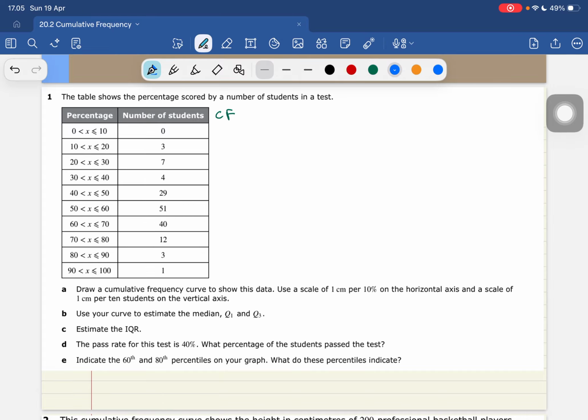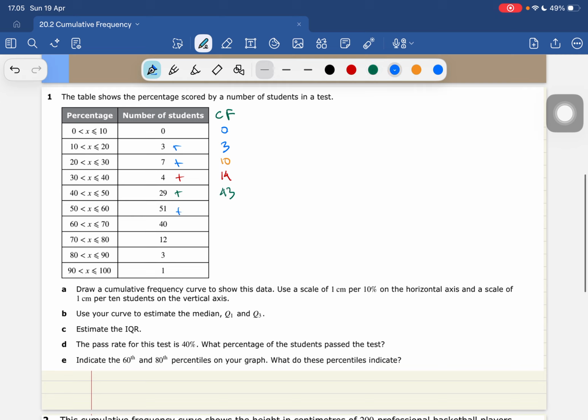Starting from 0, 0 plus 3 is 3, plus 7 is 10. Then 10 plus 4 is 14. Next, 14, here we always add. So 14 plus 29 is 43.